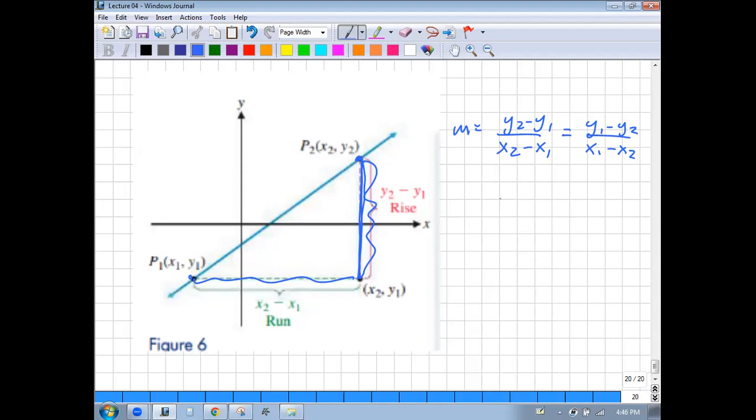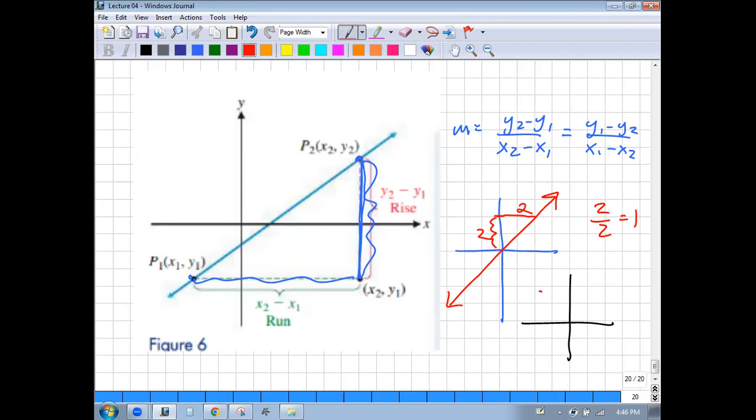So if you think about this line right here, what's the slope? Well, if I go up 2, I'm going to the right 2. So with a 45-degree angle, the slope is 2 over 2, which is 1. If I have a 45-degree angle downward, that's a slope of minus 1.